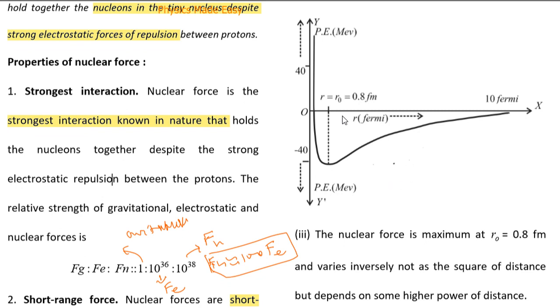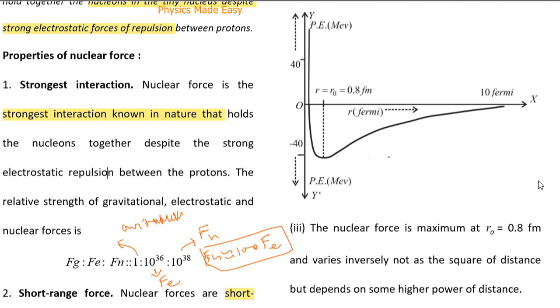This graph is almost the same in all the three kinds of interaction. We have seen this in atomic forces, molecular forces, and then finally in nuclear forces. The range of nuclear forces, as I have already argued, is 10 Fermi.